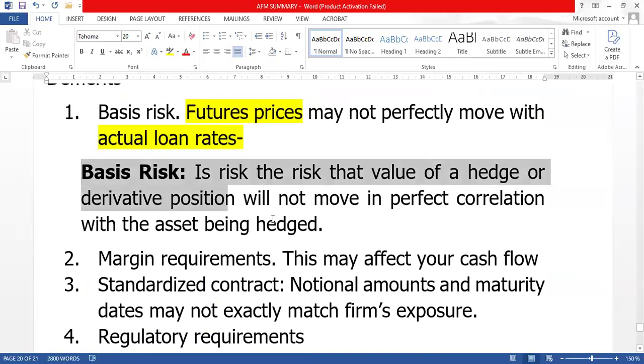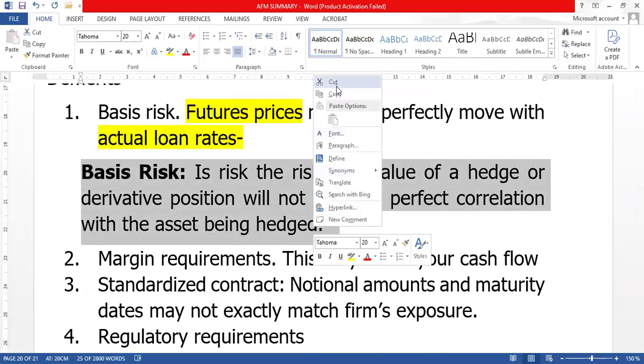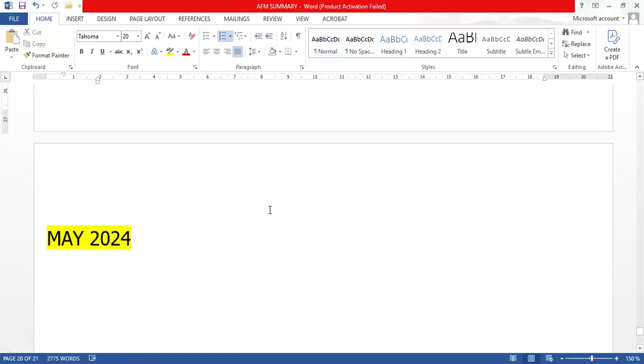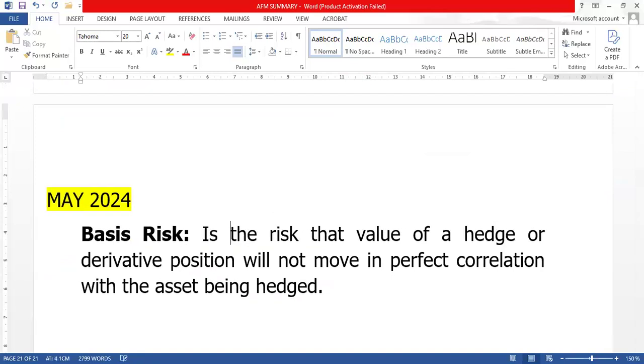So basis risk is the risk that the value of a hedge or a derivative position will not move in perfect correlation with the asset being hedged. That is basis risk.